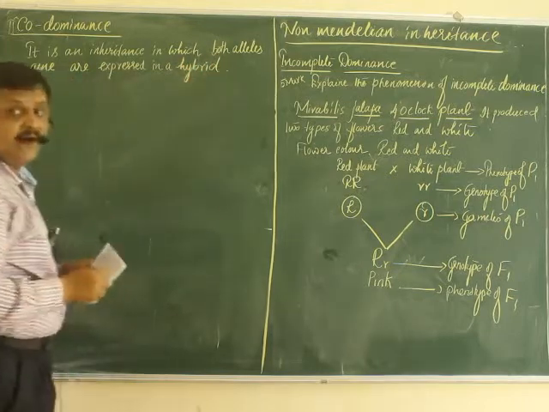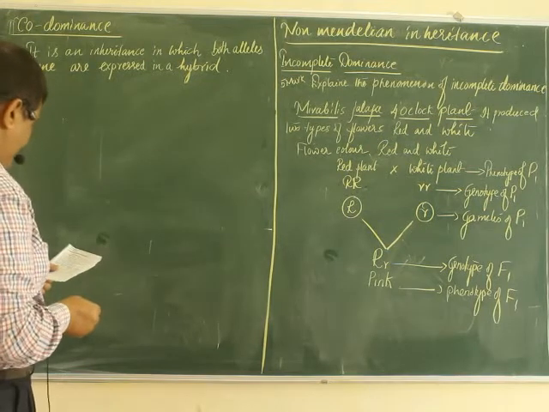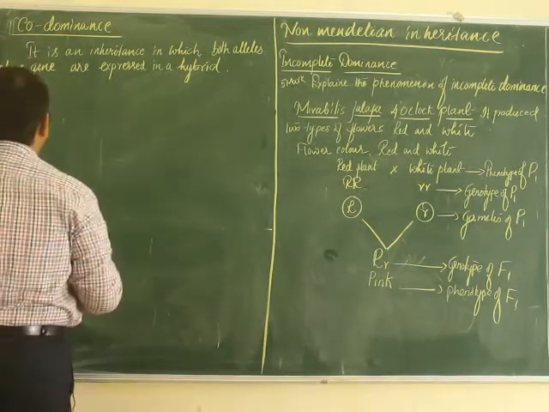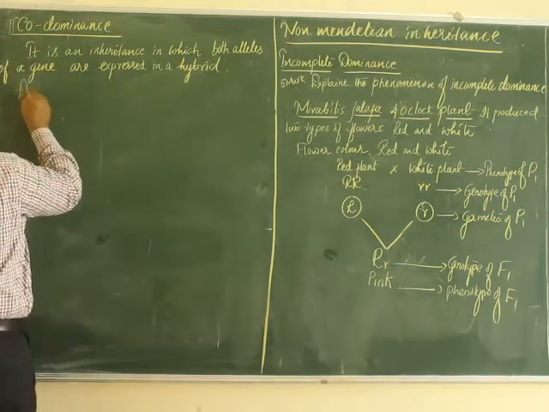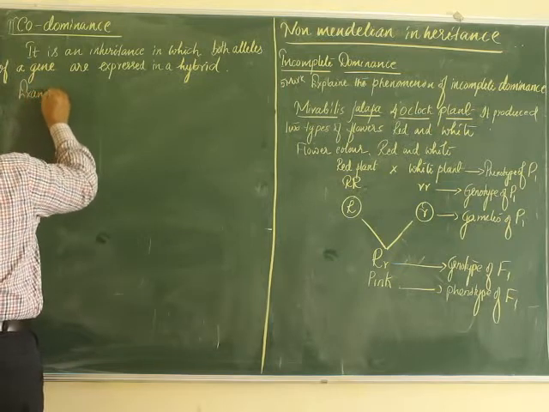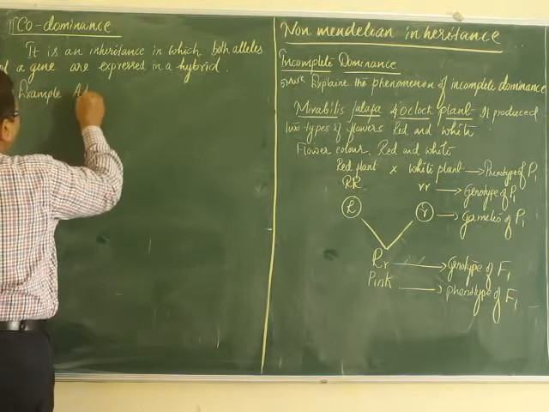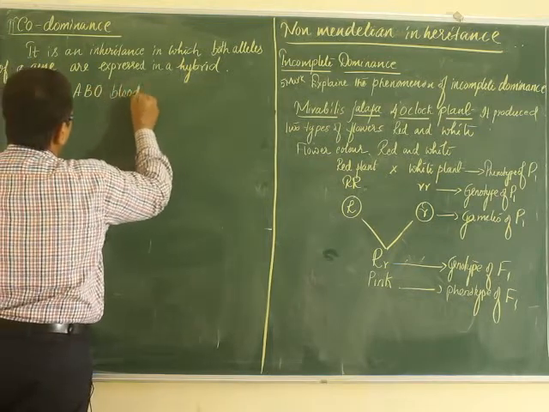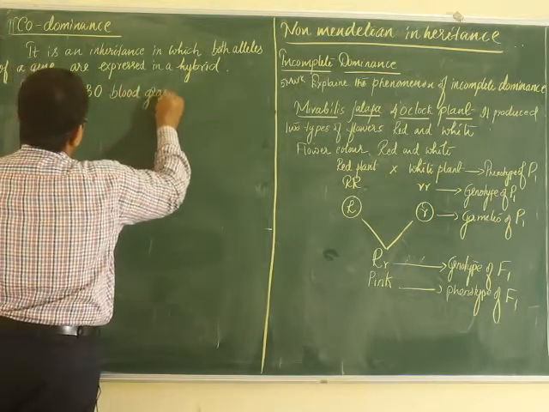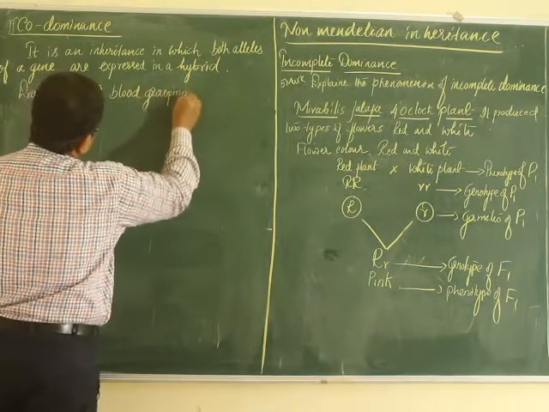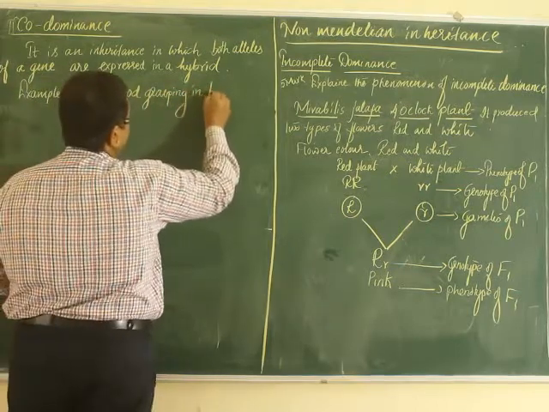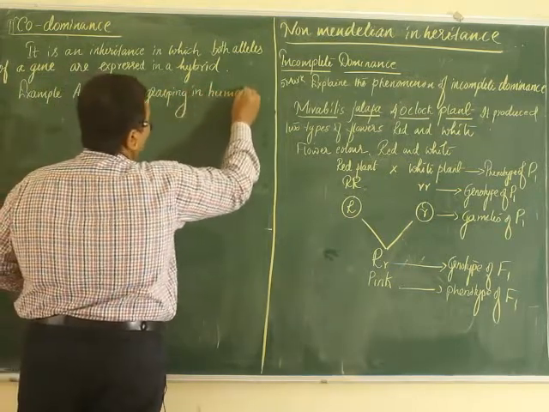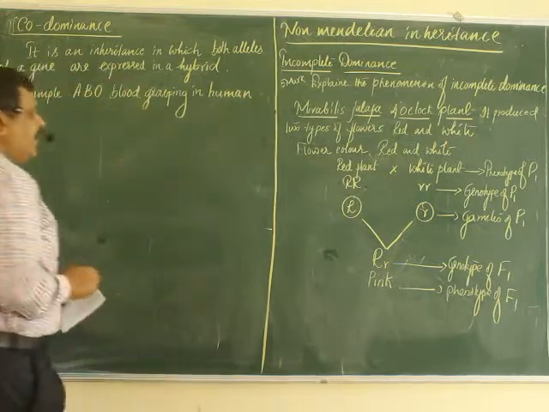Both the alleles are expressed in a hybrid. Example: ABO blood grouping in humans.